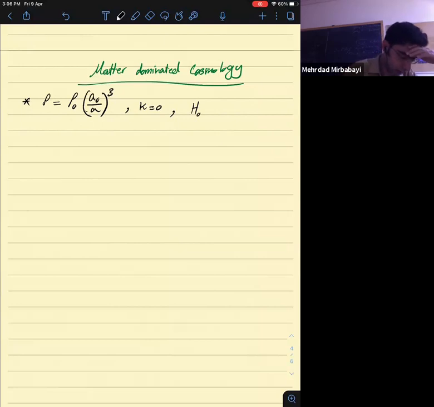Then the Friedmann equation is H squared equals 8 pi G over 3 times rho. So in particular, rho naught and H naught are not independent quantities. Rho naught is just 3 H naught squared over 8 pi G.